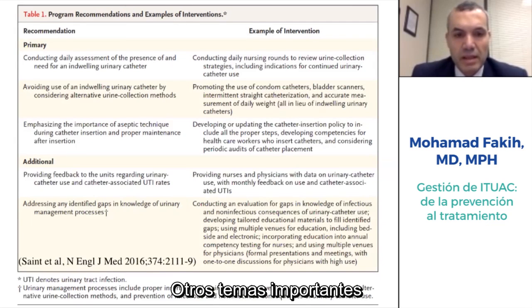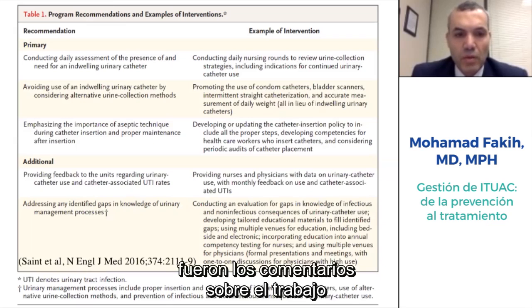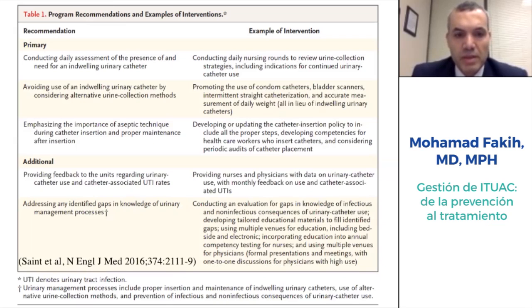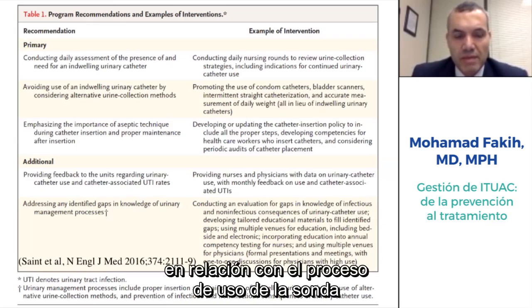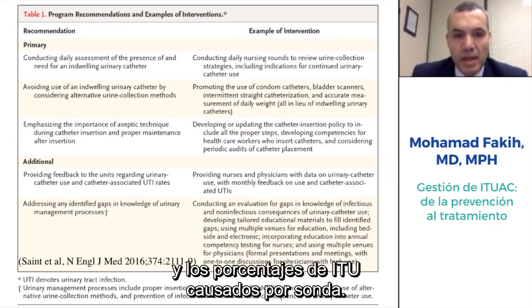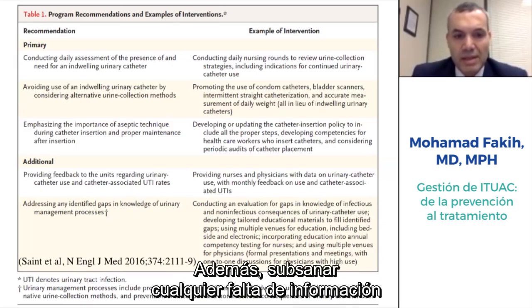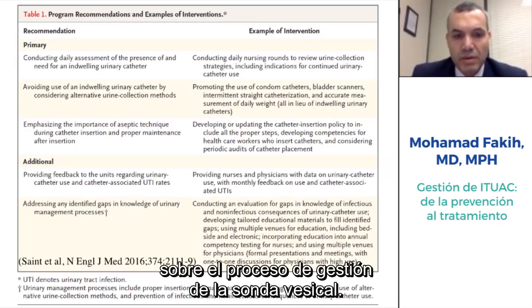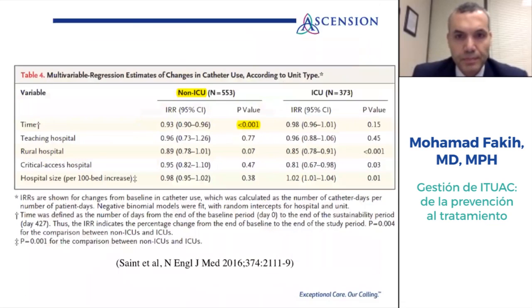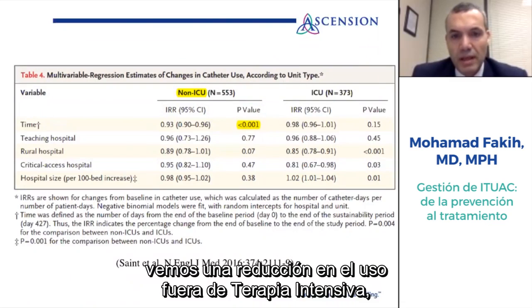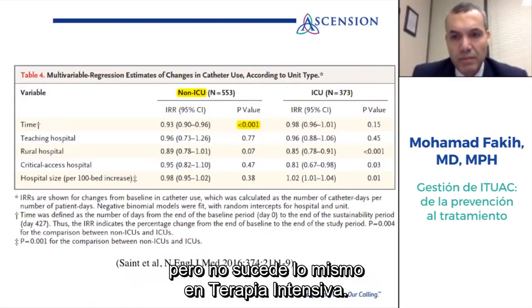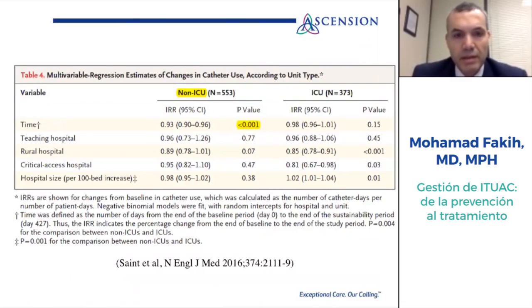Additional important areas were providing feedback on performance, as far as the process, which is the catheter use, and the catheter-associated UTI rates for these units, and addressing any gaps in knowledge related to urinary catheter management processes. So what we've seen again is a reduction in non-ICU utilization, but this was not seen in the intensive care unit.